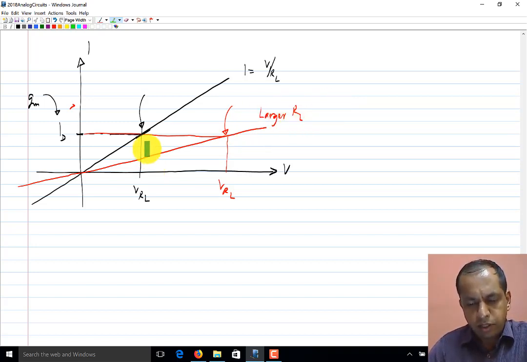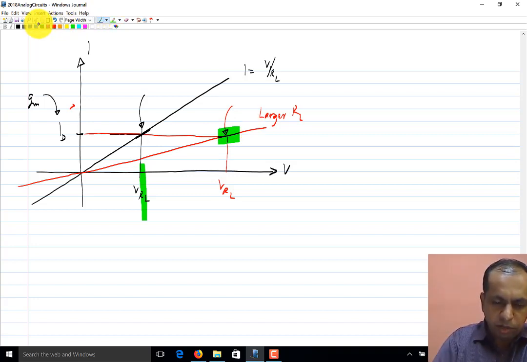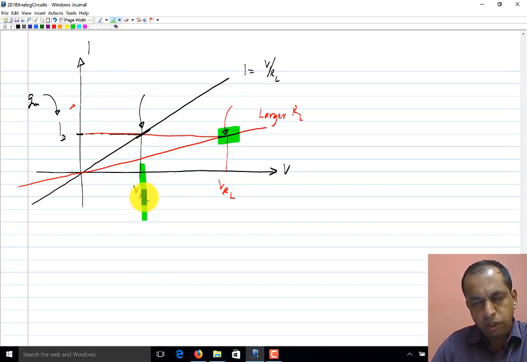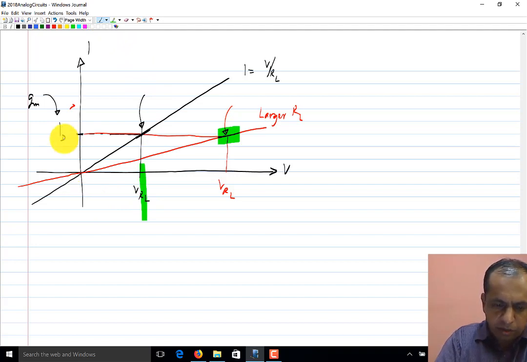Now what we want is to combine a smaller voltage drop, something like this, with a smaller slope. So that means we have to have a characteristic that passes through this point corresponding to the smaller voltage drop, right?